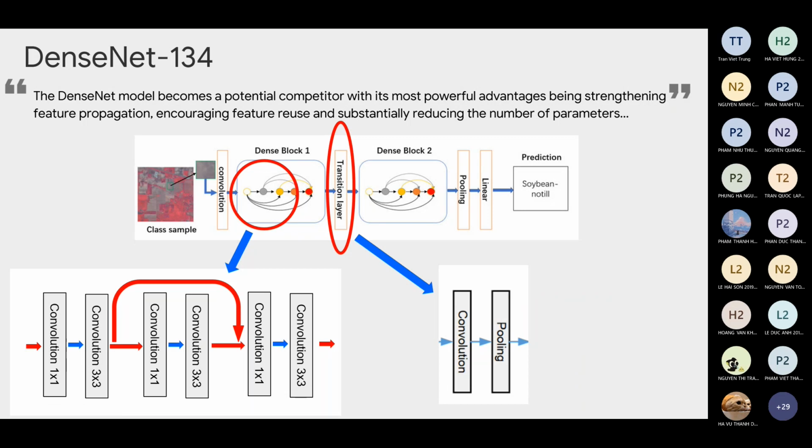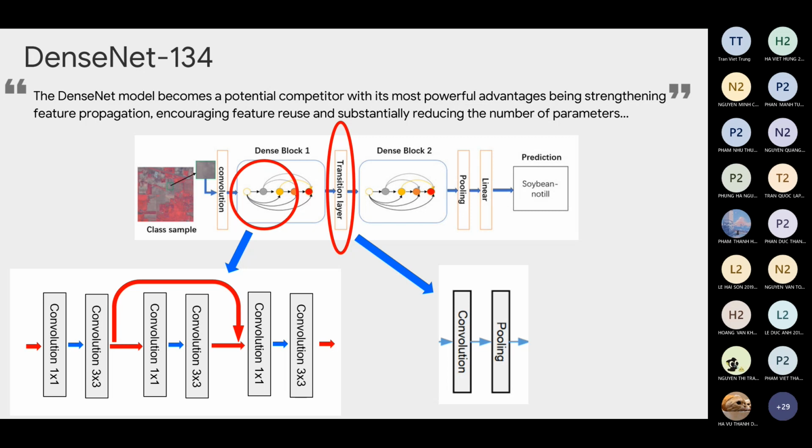Intuitively, we came to DenseNet because it is proposed to have strengthened feature propagation, and it optimizes the flow of features and information.